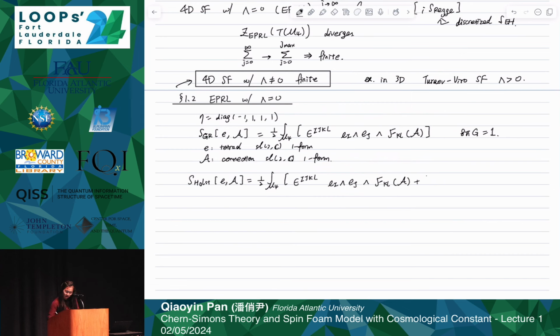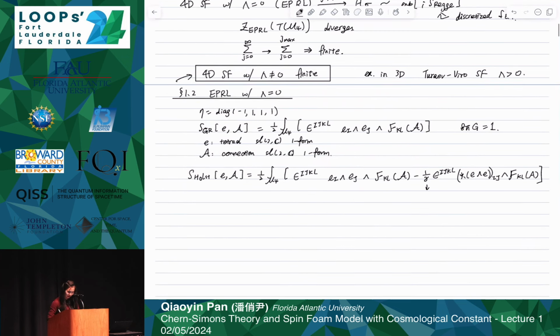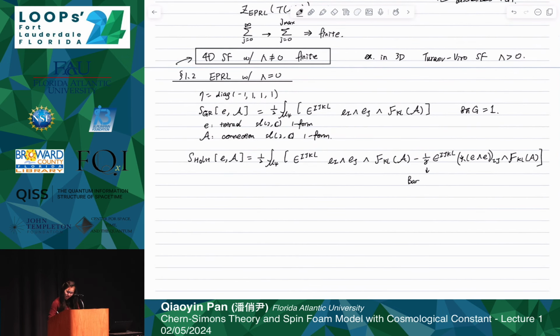So starting from this action, I add minus 1 over gamma, epsilon ijkl, and I have the Hodge dual acting on E wedge E, wedge F. And this gamma is called the Barbero-Immirzi parameter, and we take it to be a real parameter.